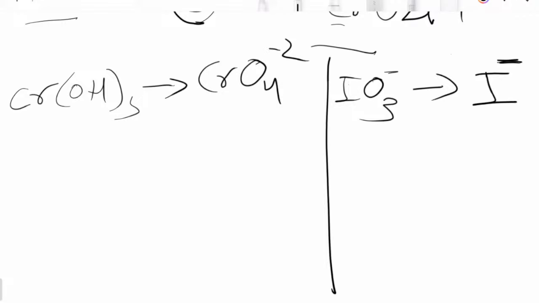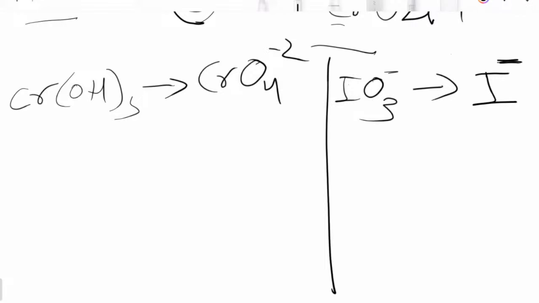Now the number of electrons gained should be equal to the number of electrons lost in the chemical equation. The gain and loss should be the same.